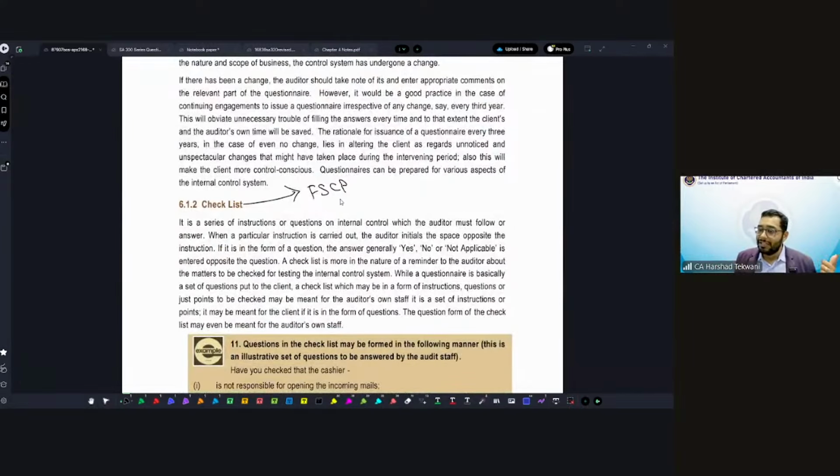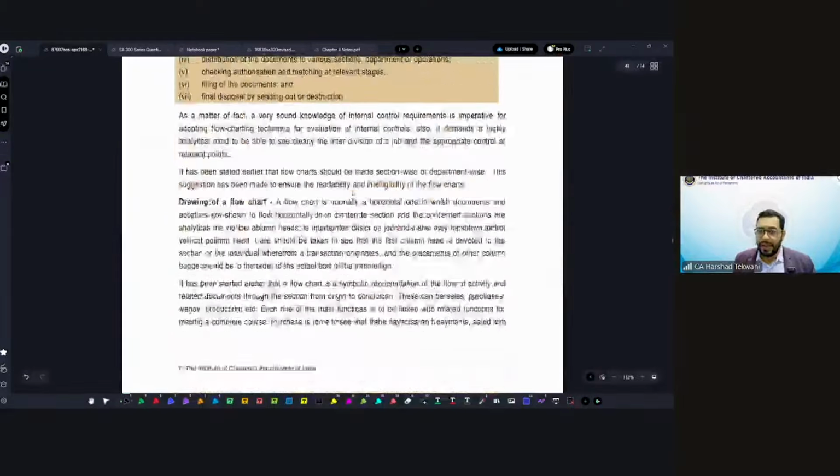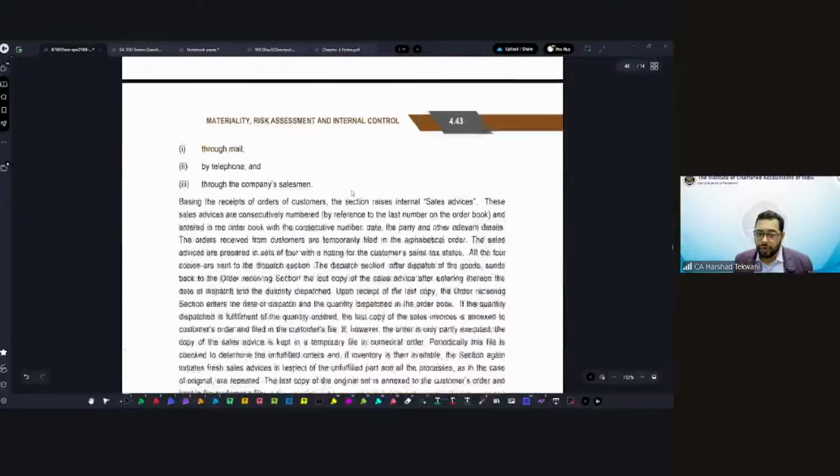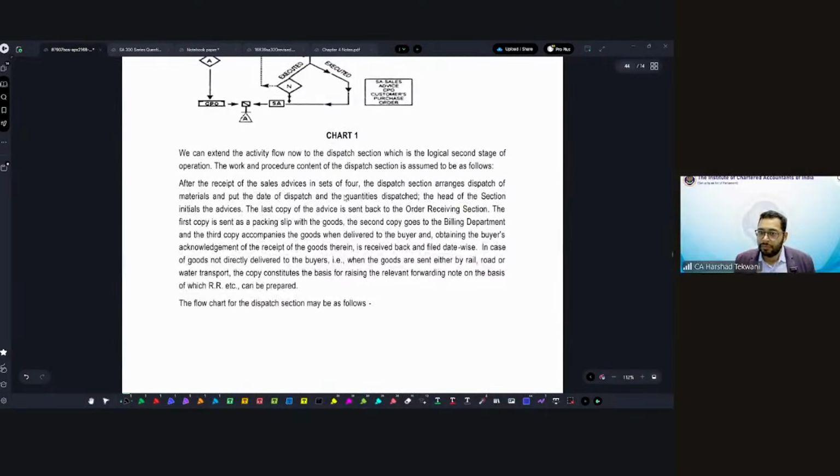Remember the financial statement closure checklist that we have discussed, or a flow chart. Just now we were discussing an example of a flow chart. So on flowchart basis, we may gather the information.